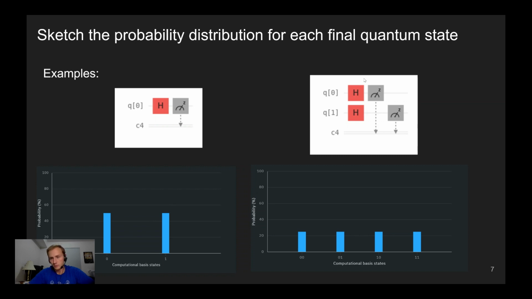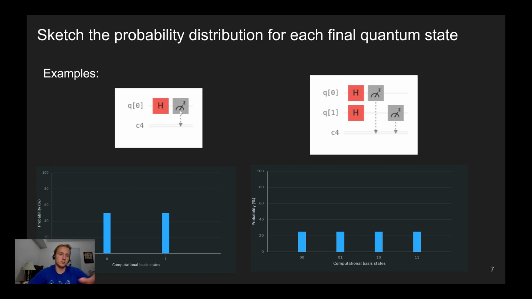And then similarly, this is just the exact same thing, but on 2 qubits instead of just 1. And now we have higher dimensions. So we have 4 possible combined states of the qubits. And this notation, this little dial, is just saying that you're measuring it.